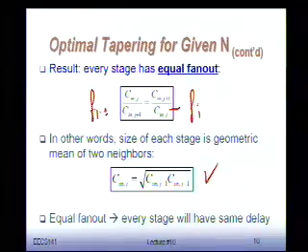No. Actually, what you would like to do, and that's true with most optimization problems, you have a chain of things. What you're going to do is make each of them work exactly as hard as the other ones. Or in other words, you're going to divide the propagation delay equally over all stages. Every stage will provide exactly the same amount of delay. That's typically what you see in an optimum solution. So every stage has the same delay.